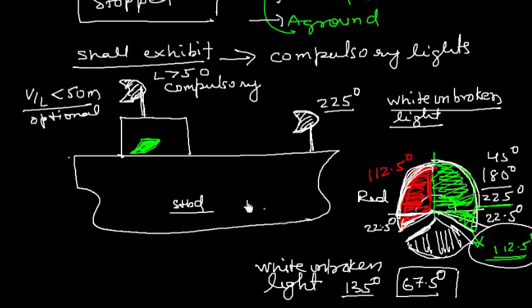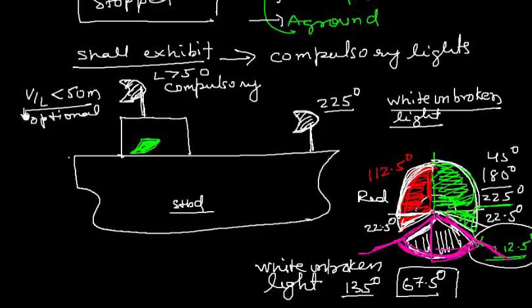So 67.5 degrees from this side and 67.5 degrees from this side will make a total of 135 degrees.